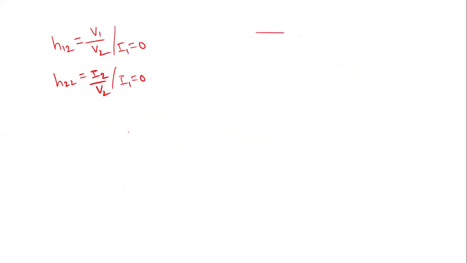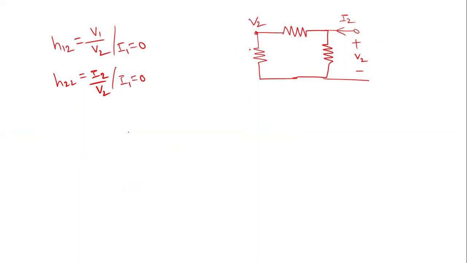Okay, let us redraw the circuit. This is a 2 ohm resistor, this is also a 2 ohm resistor, this is a 4 ohm resistor. This is I2, this is V2. Now this node voltage is V2. Now see this one.